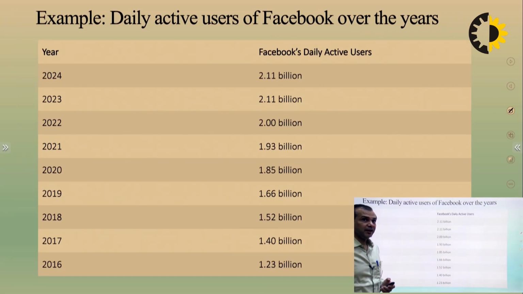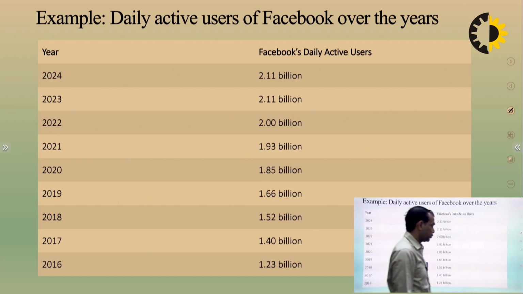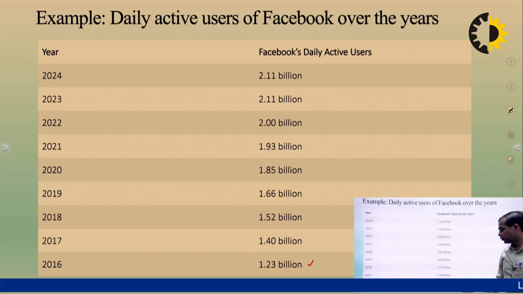In a daily example, again we show it through a figure. In research, we found that in 2016 there were 1.23 billion users. In 2017 it increased to 1.4 billion.